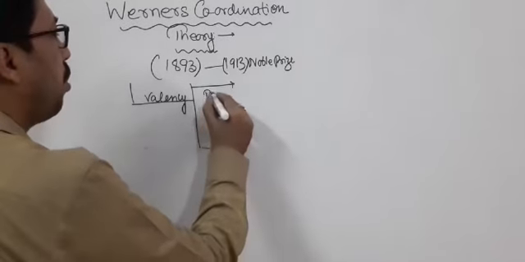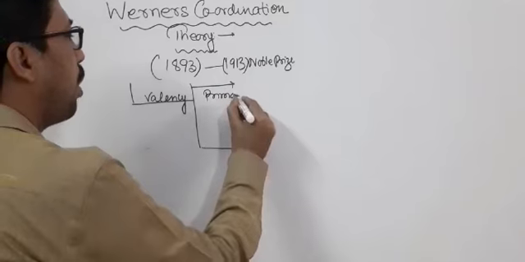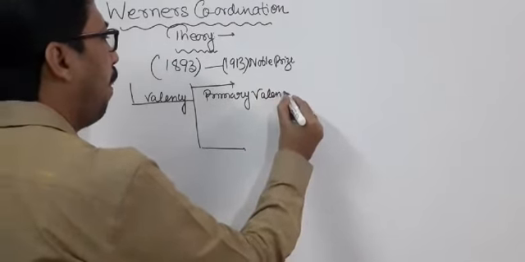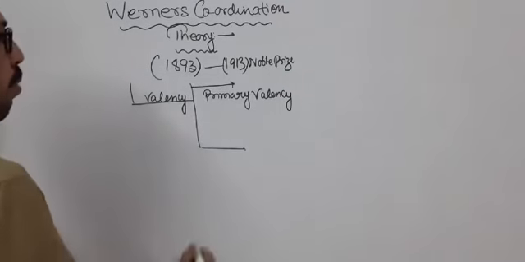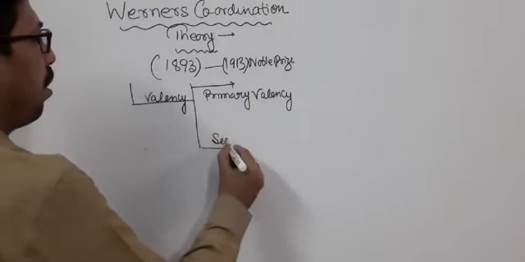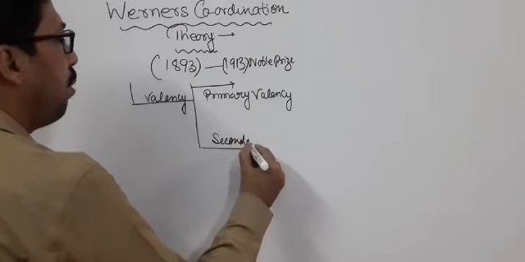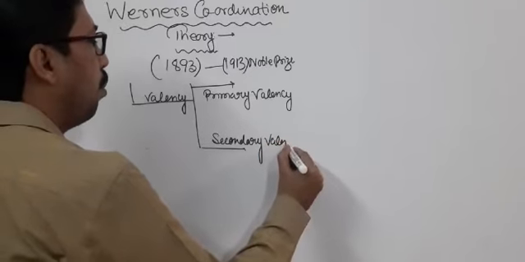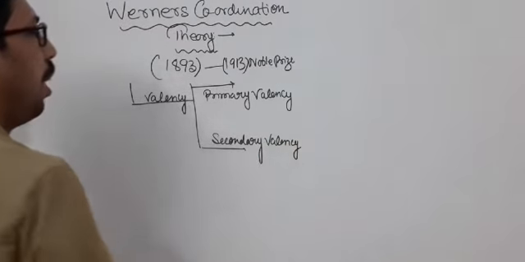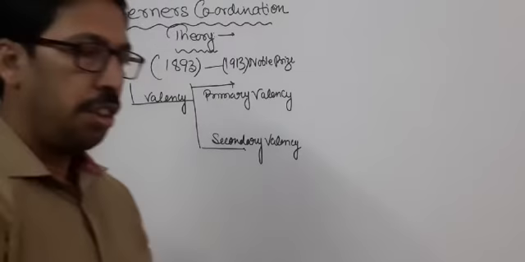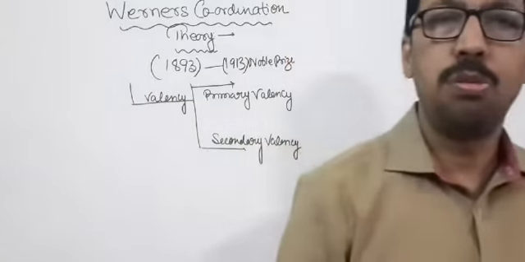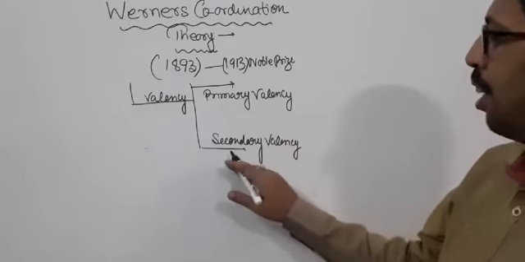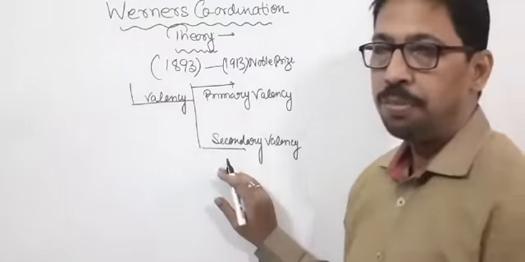The first one is primary valency, and the second one is secondary valency, which means any coordination complex has two types of valencies, one of which is called primary valency and the other is secondary valency.